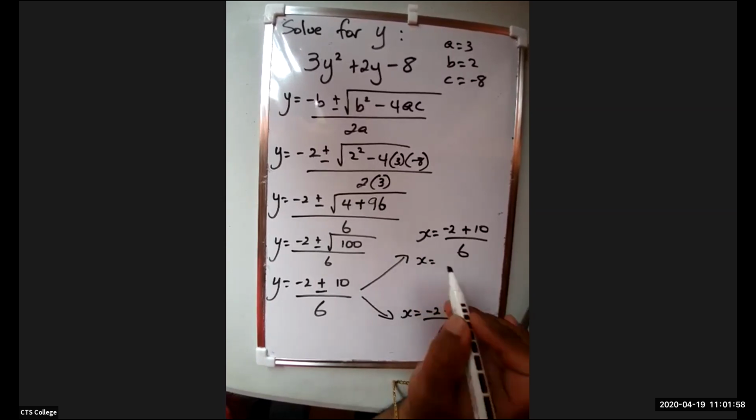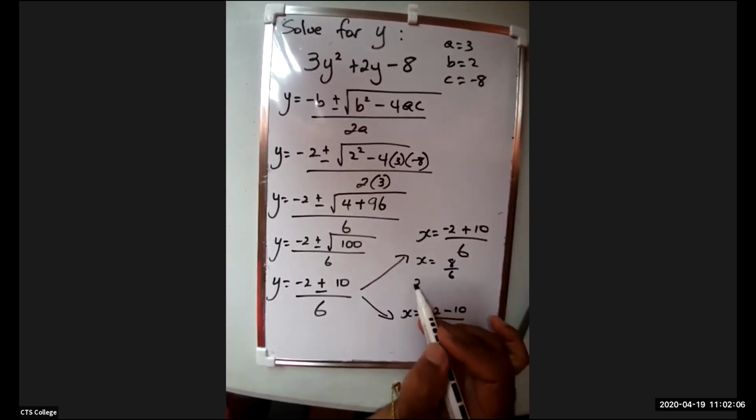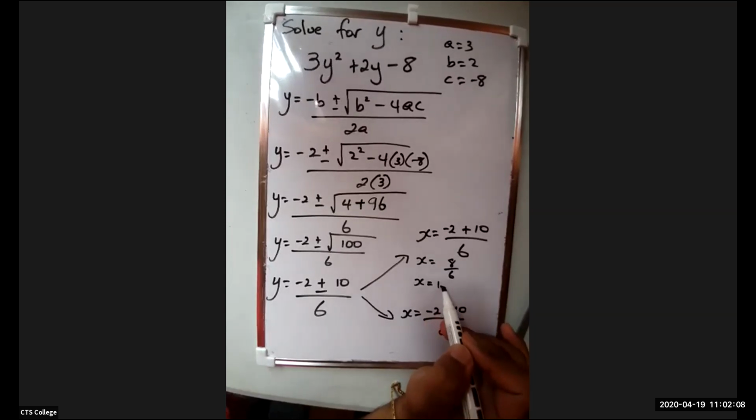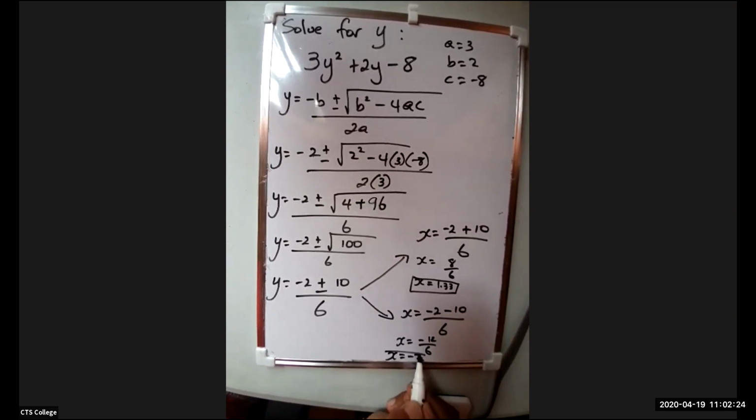So x is equal to 8 over 6, which is 1.33 recurring, or if you want to put 1 and a third, but this is the answer here, 1.33. And of course, x is equal to minus 12 over 6. So x is minus 2. So these are our two values for x.